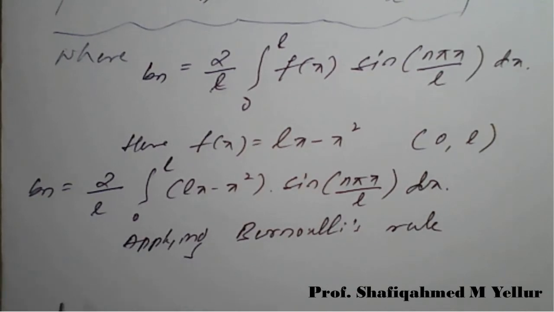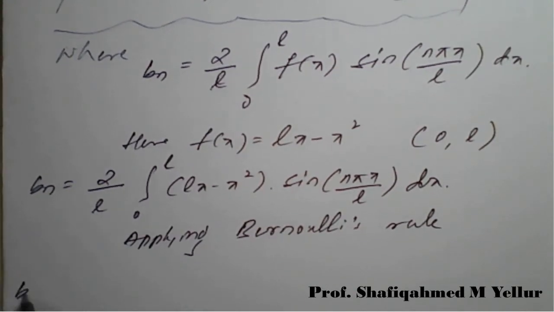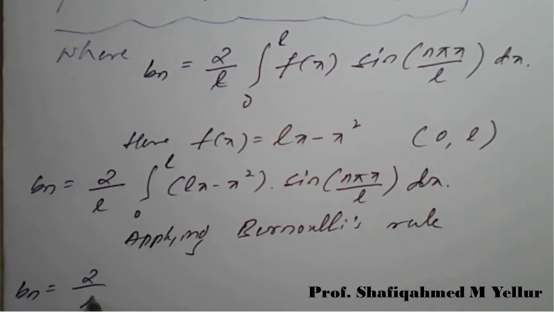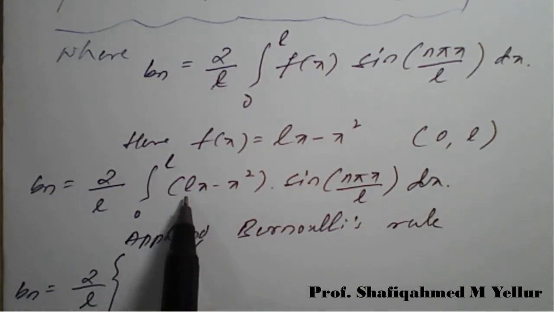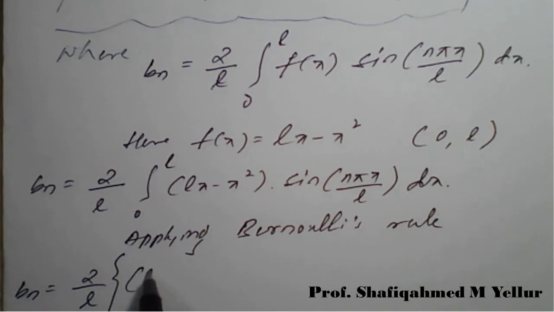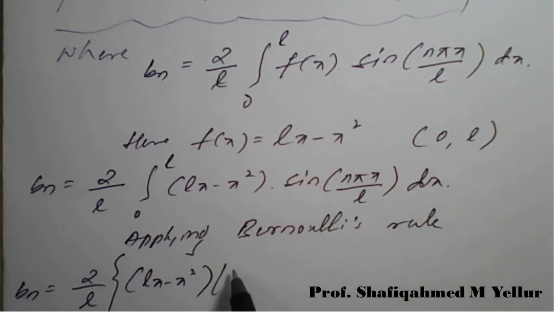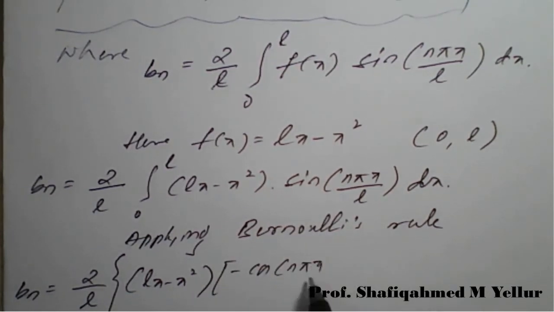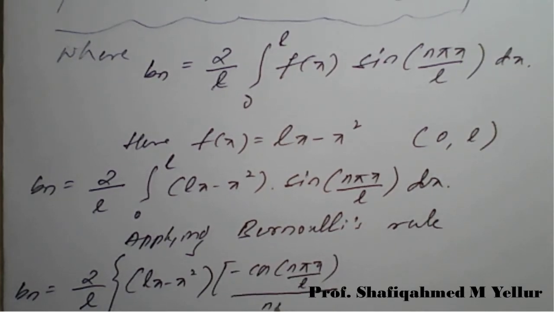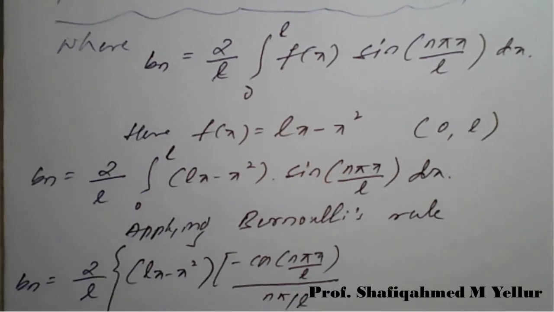That is, Bn is equal to 2 upon L as it is, bracket. So we'll keep u as it is, that is lx minus x square will keep as it is. Integration of sine is out here, minus cos of n pi x upon L whole divided by n pi upon L.